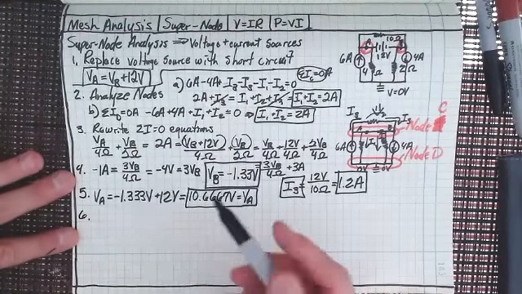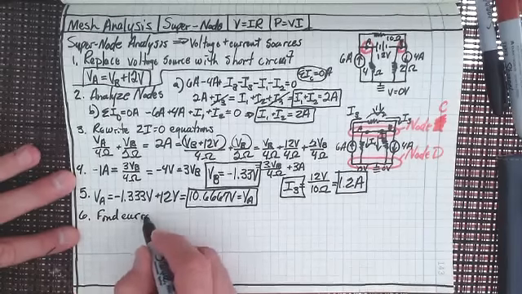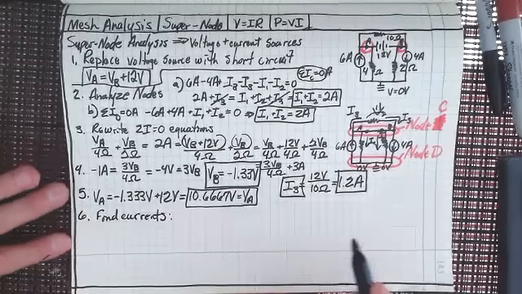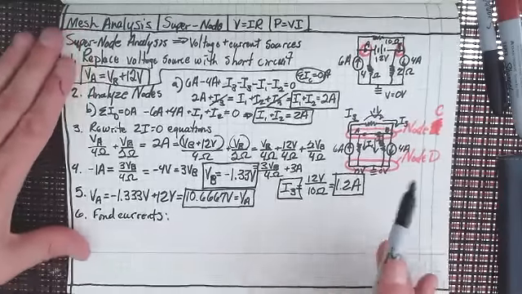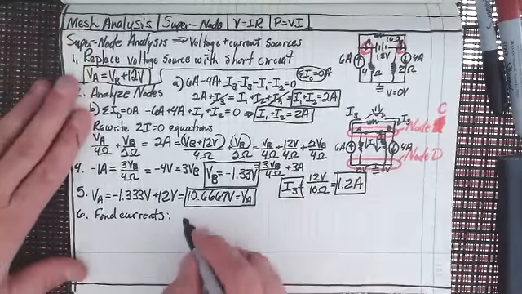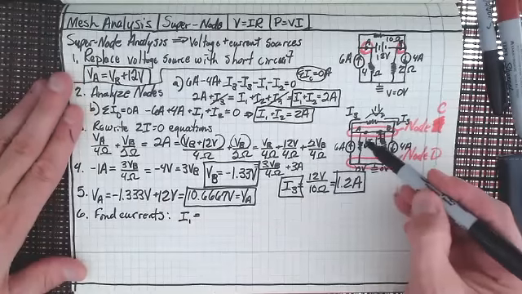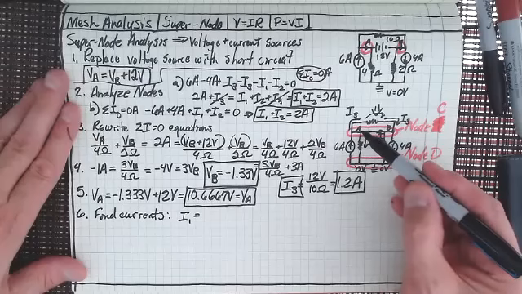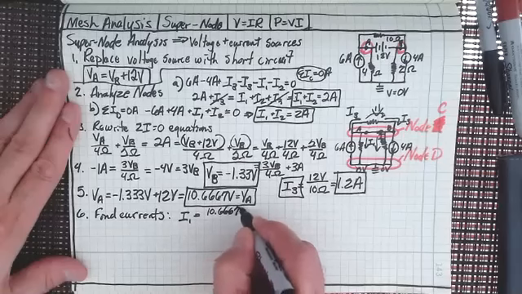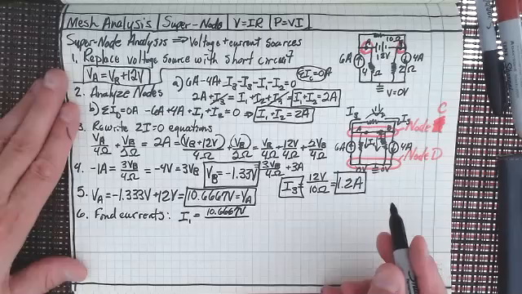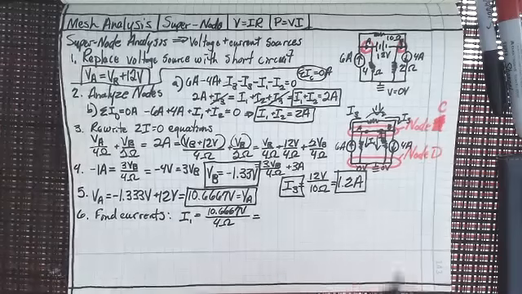Now, let's do the other ones. In fact, that really should have been part of number 6, find currents. I got a little ahead of myself. All right, so we found the 1.2. We can easily now go back and we can find I1, right? So I1, we know is just going to be V sub A, which is 10.67 volts, divided by 4 ohms, right?